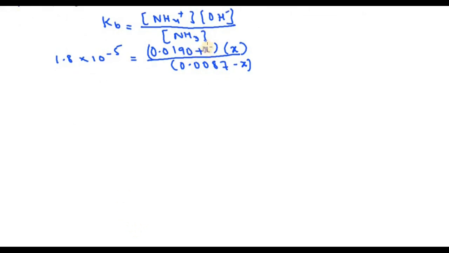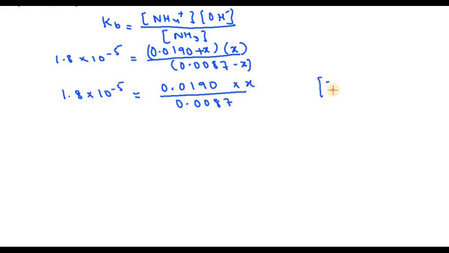As we can see here, X is very small, so we can neglect it in the numerator and the denominator. So it would be equal to 0.0190 times X, neglecting the plus X in the numerator, over 0.0087, neglecting the minus X in the denominator, and this value is equal to 1.8 times 10 to the power minus 5 since X is very small.